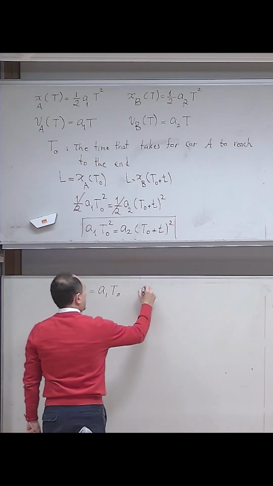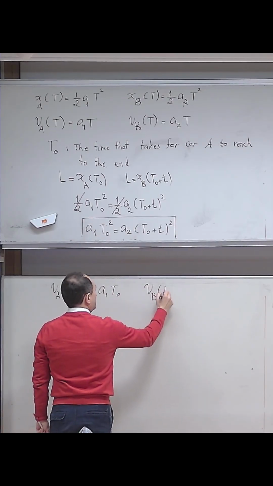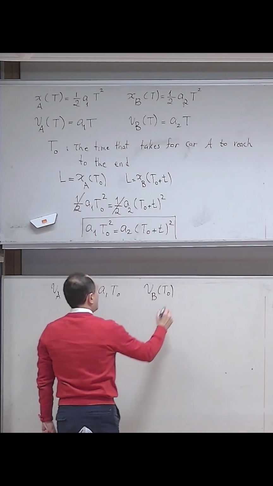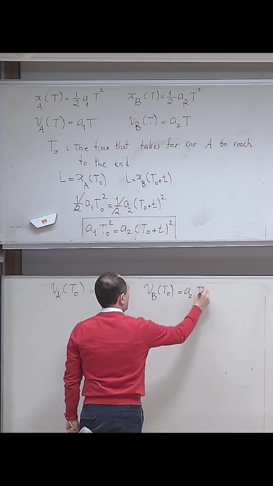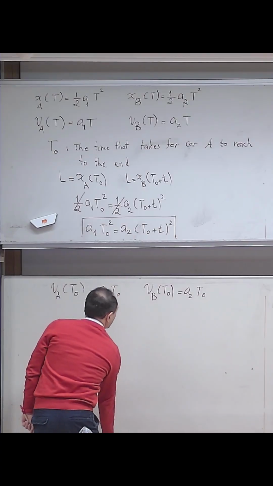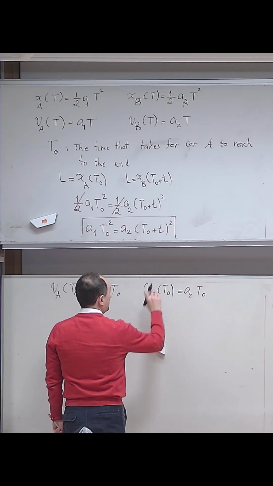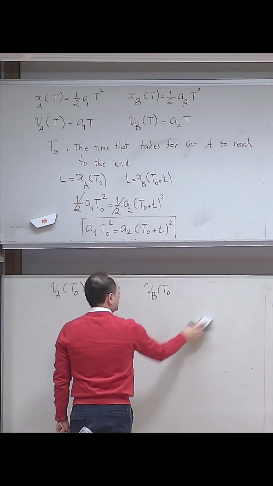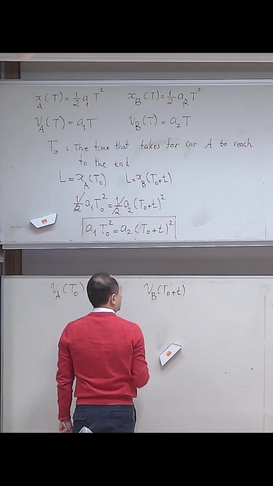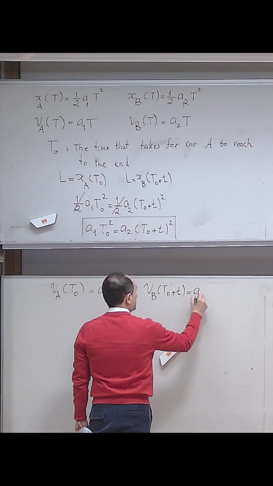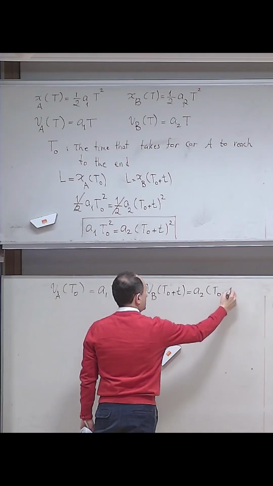And then if I calculate v b at t naught, sorry, because car B reaches the end t seconds later, yes, so it becomes a2 times t naught plus t.